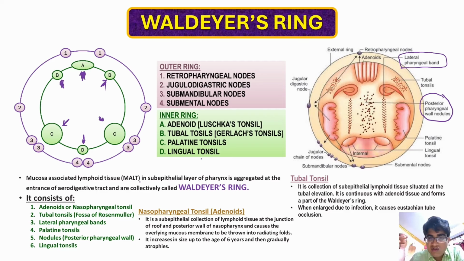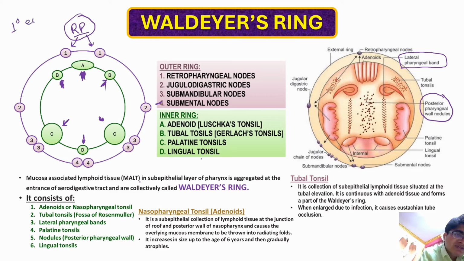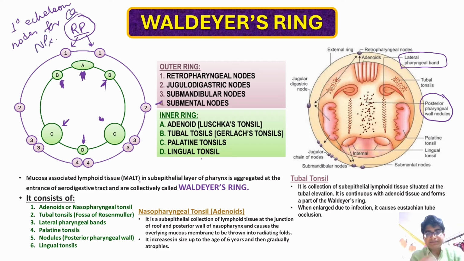So these all make up Waldeyer's ring on the inner part, whereas on the outer side there is also a Waldeyer ring, consisting firstly of the retropharyngeal lymph nodes, which are the primary echelon nodes for carcinoma nasopharynx, correct?